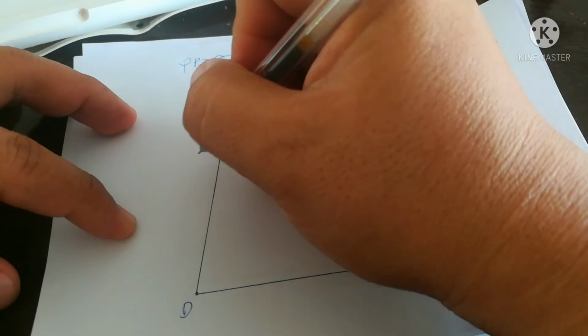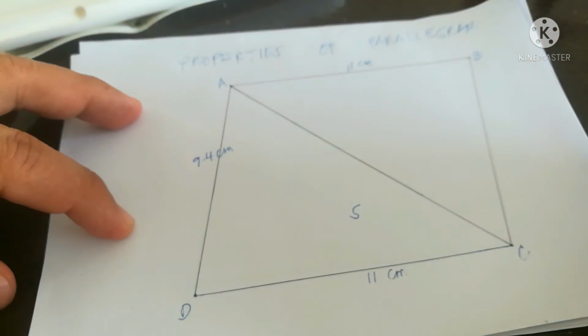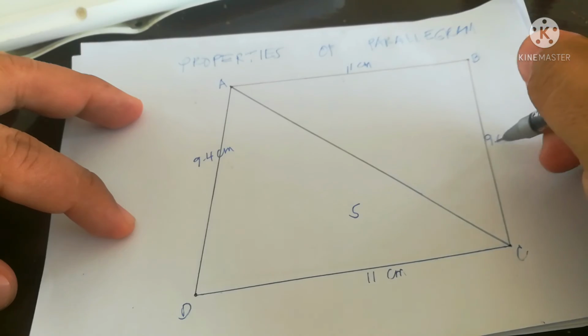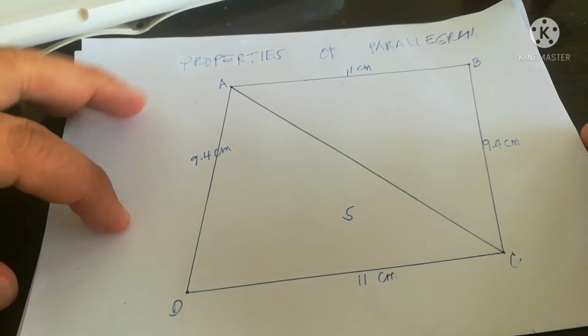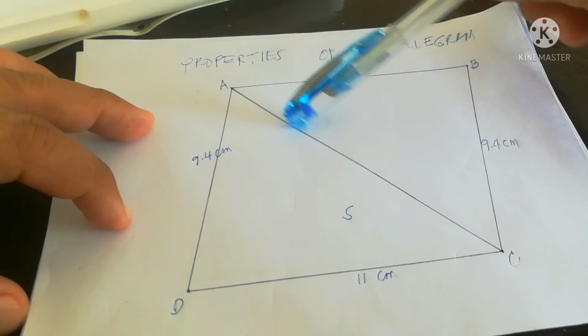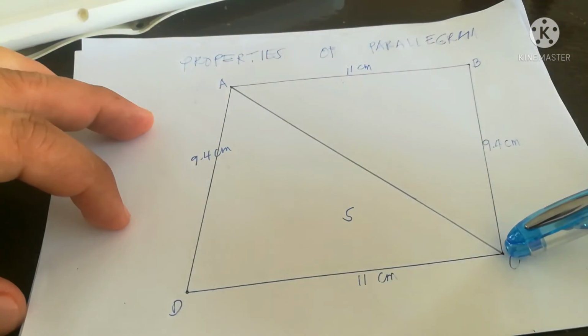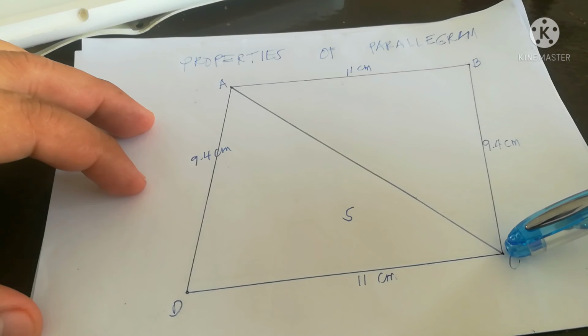If this is 9.4 centimeters, the opposite side is also 9.4 centimeters. If the parallelogram is divided by a diagonal, the parallelogram divides into two congruent triangles.